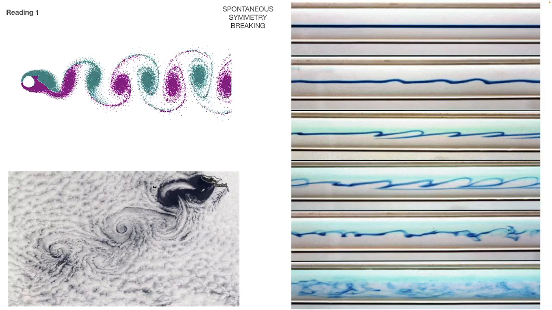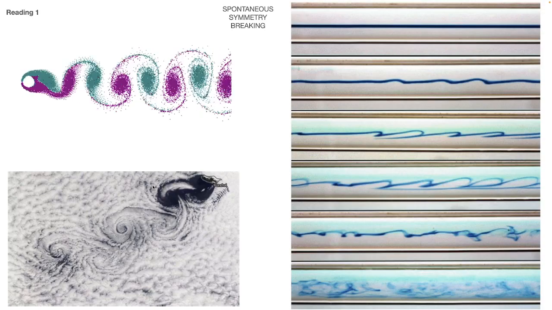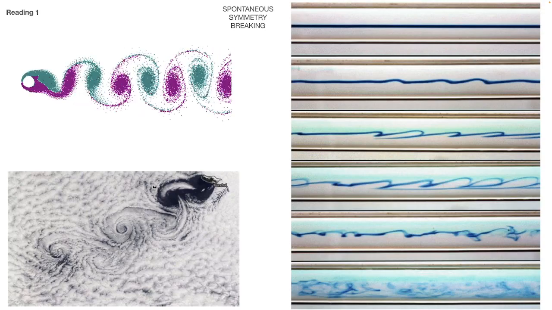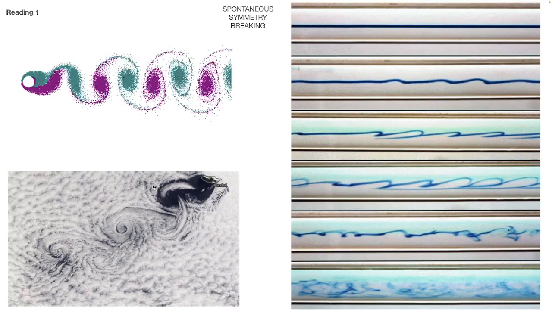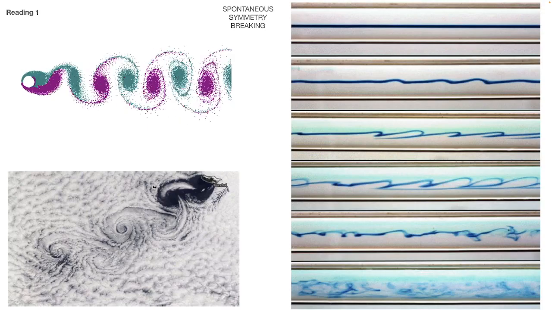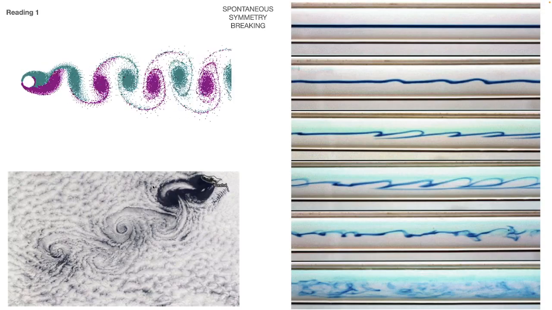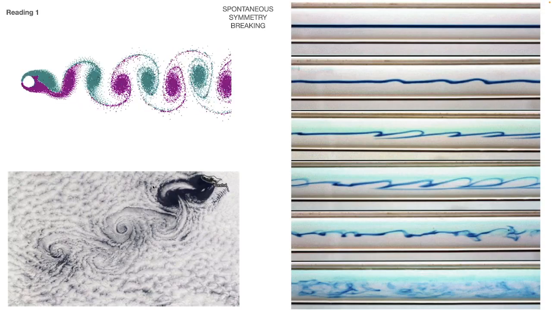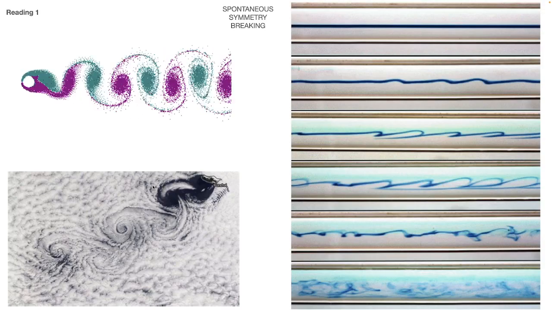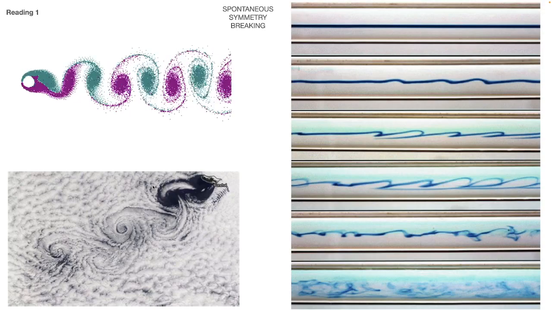There's a critical velocity at which it starts to do this, and here is a set of liquid flow experiments where they have water flowing down a chute at different velocities, and they have a dye that they put in the middle of the water so that you can see what the flow is doing. So in this top one, the dye is straight because the water's flowing in this direction, and it's moving in a laminar fashion because the velocity is slow.